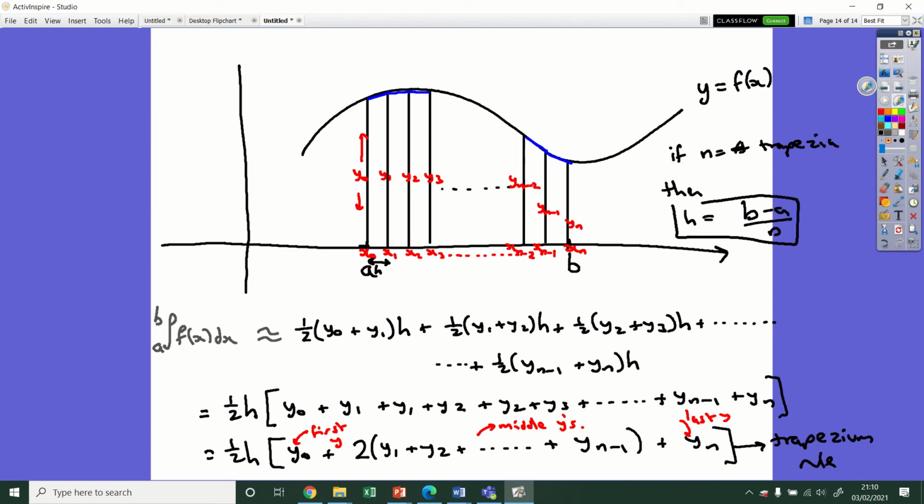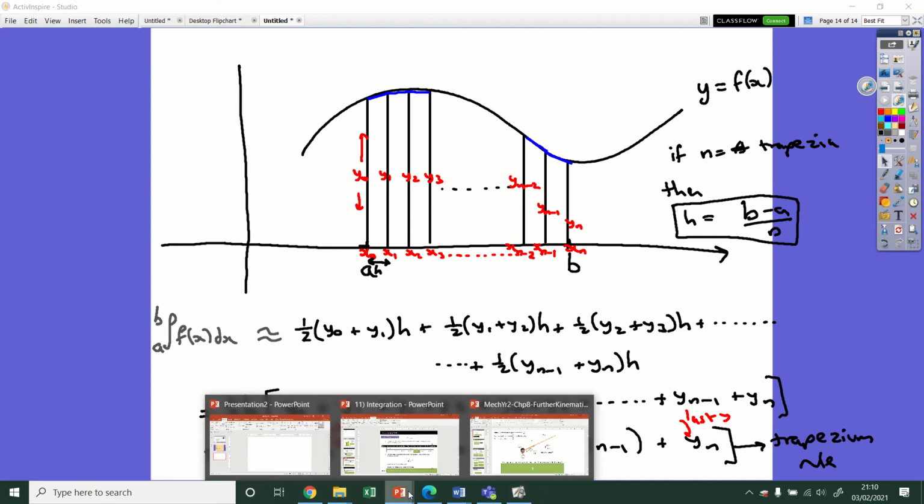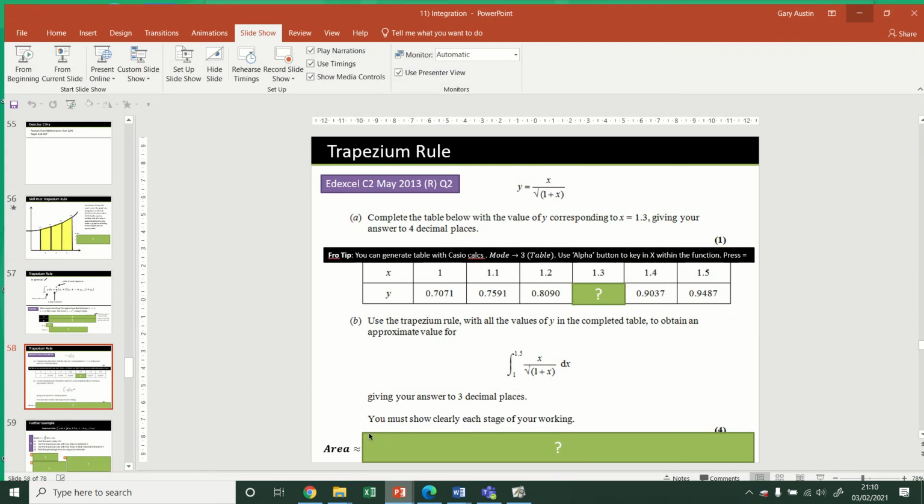I think that's something that you'll be able to do intuitively, and the question will make it quite nice. 9 times out of 10, this value of h will be 1 or a half. It doesn't tend to be anything other than that, but we'll see. Right, let's look at some examples, and then I'll leave you to do some in practice.